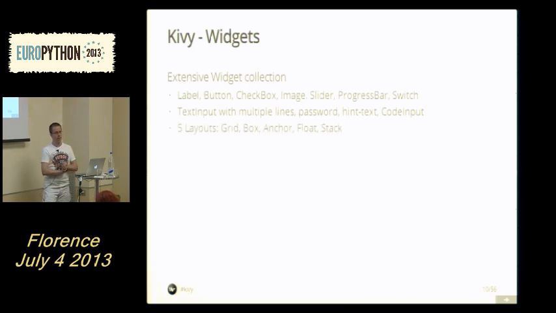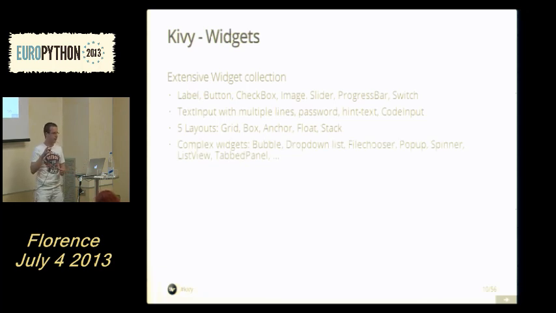We have some layouts, with which you can assemble your widgets. We have complex widgets, meaning we assemble simple ones in order to make a complex one. So it's less customizable.